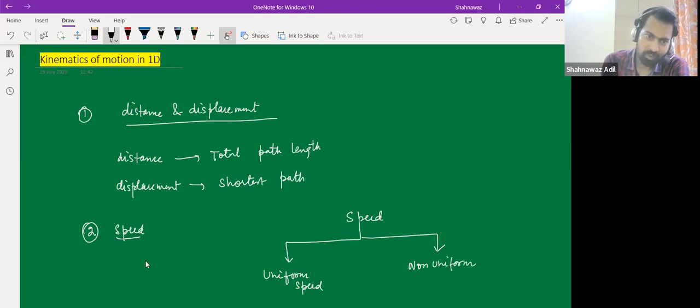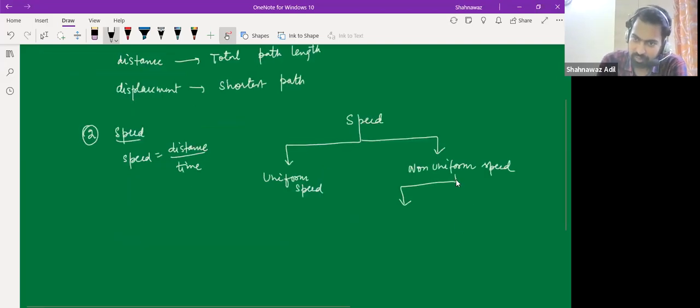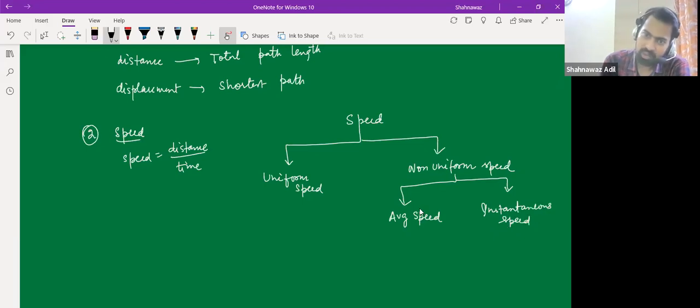For the uniform one, speed is distance by time. But for the non-uniform case, we had two kinds of speed, as Rakib said. One was the average speed, and the other was the instantaneous speed.